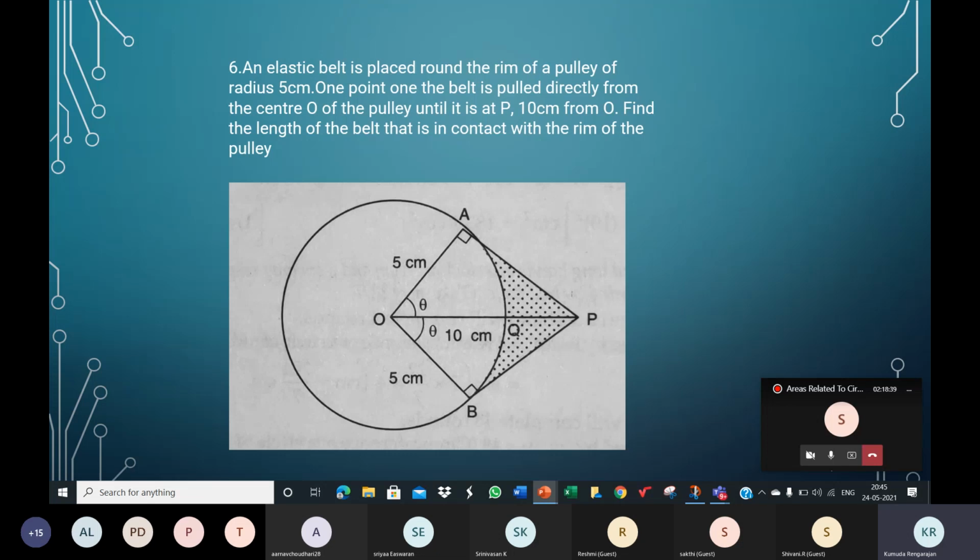So one point on the belt is pulled directly away from the center O of the pulley until it is at P, 10 centimeters from O. Find the length of the belt that is in contact with the rim of the pulley. Also find the shaded area.